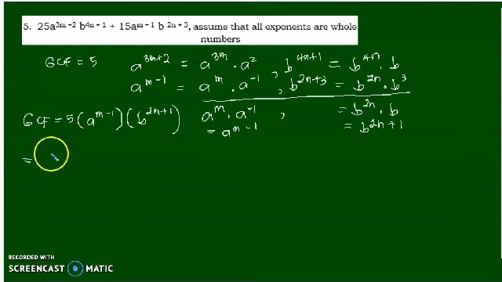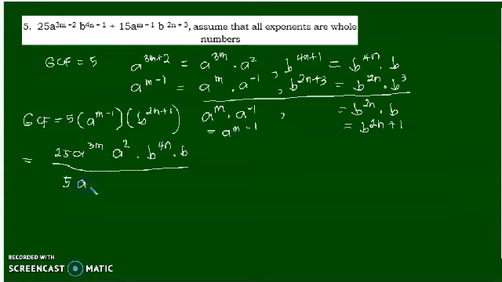So divide each term by the GCF. The first term is 25 a raised to the power of 3m times a raised to the second power times b to the power of 4n times b to the power of 1, divided by 5 a raised to the power of m times a raised to negative 1 times b raised to 2n times b.